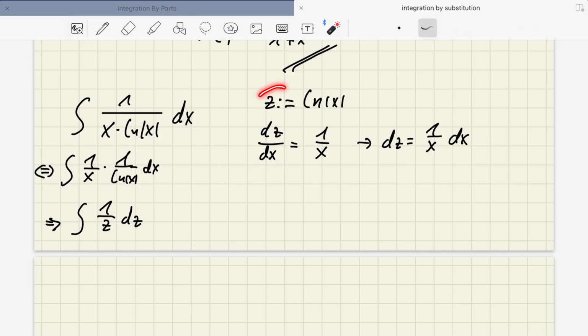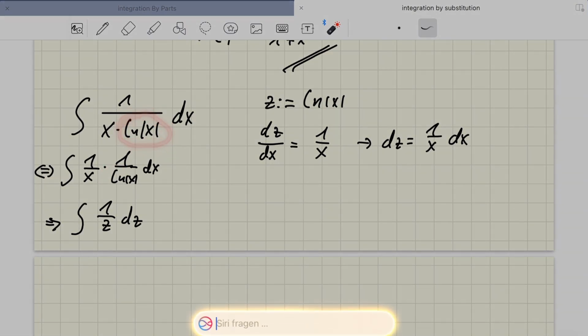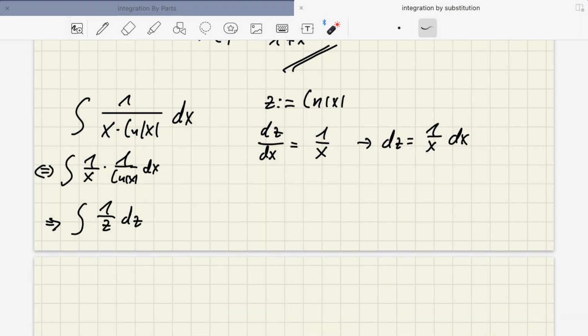Again, we substituted ln, the logarithmus naturalis of x, with z, it's this term, and dz is equal to 1 divided by x multiplied by dx. That's this and this term. Okay, substituted ln x with z, and 1 divided by x multiplied by dx has become dz.